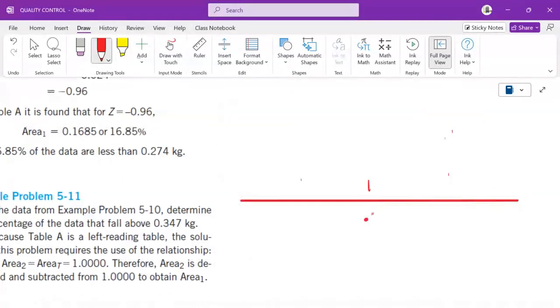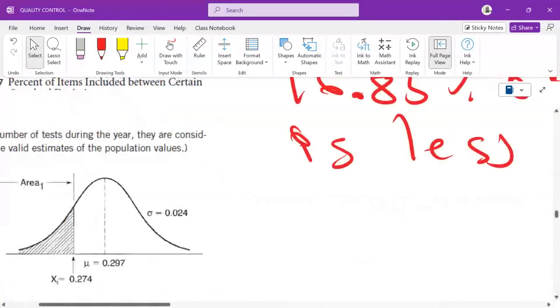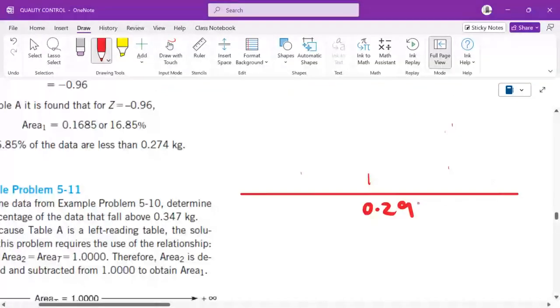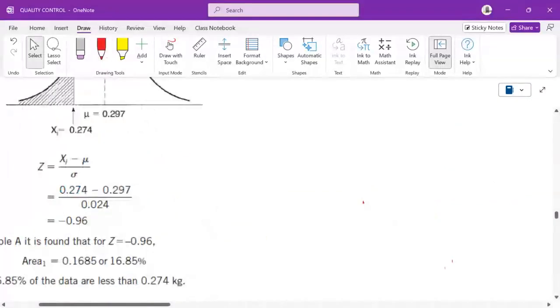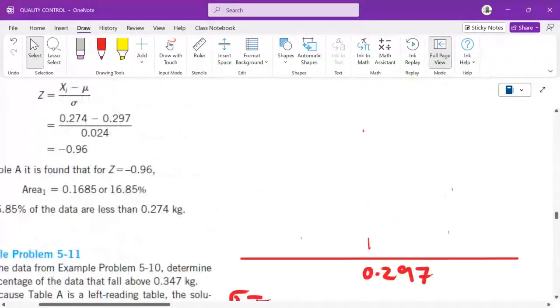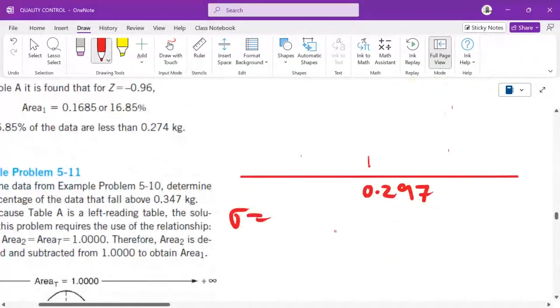And here I write my 0.297. That's my mean, right? And not forgetting my standard deviation of 0.024.